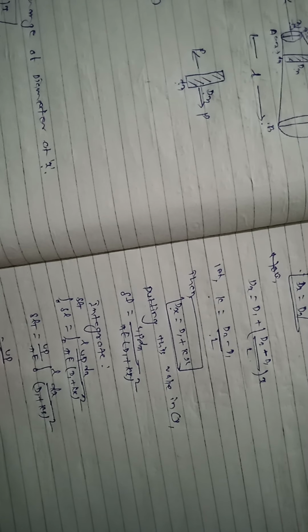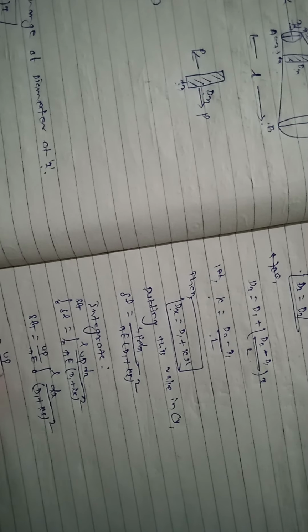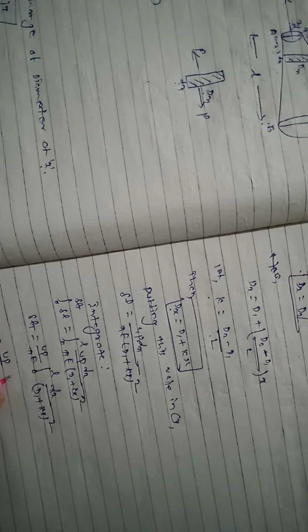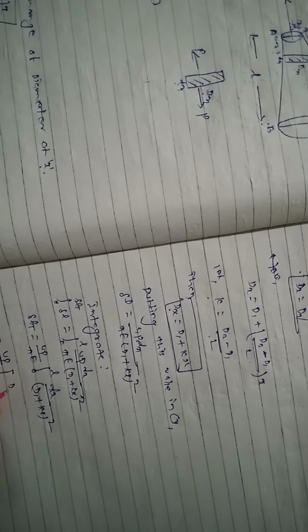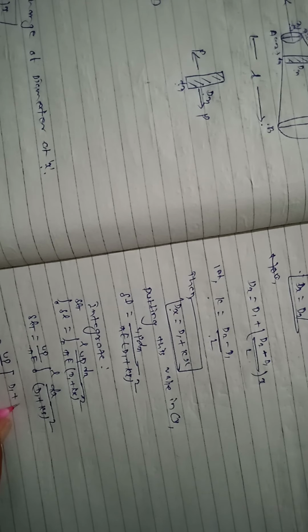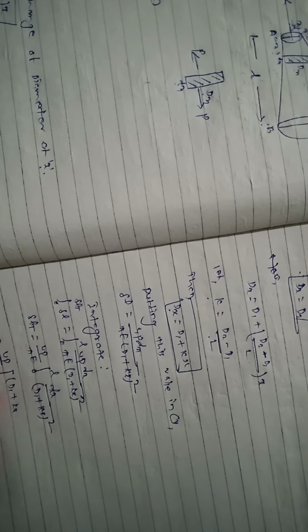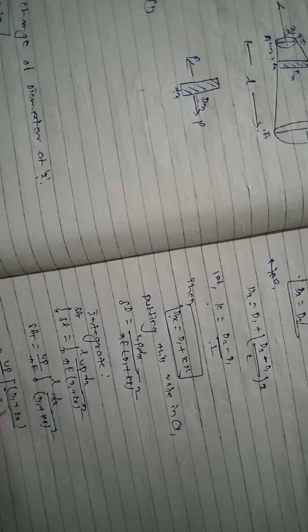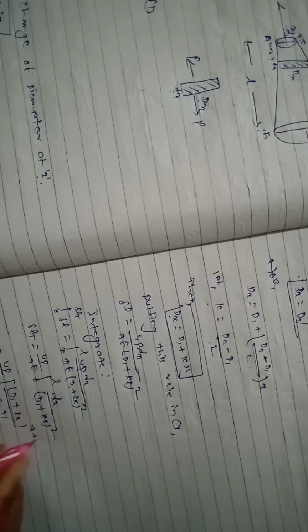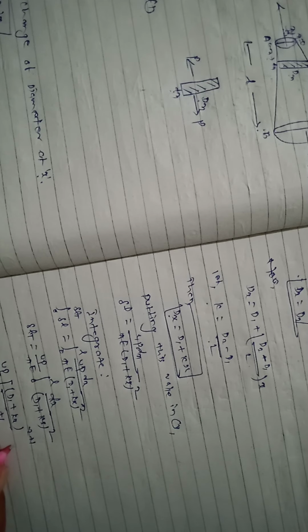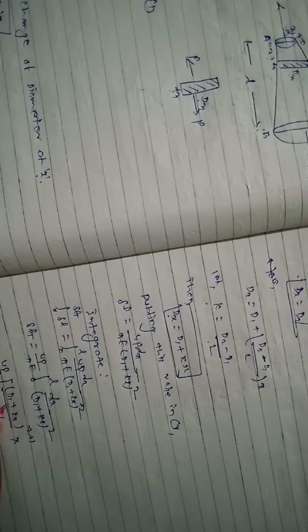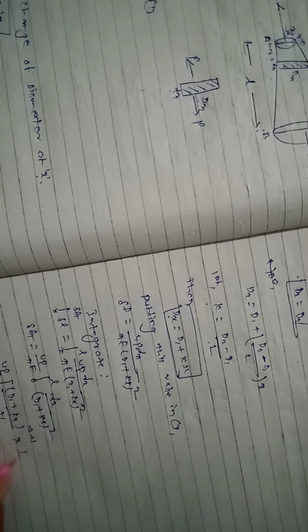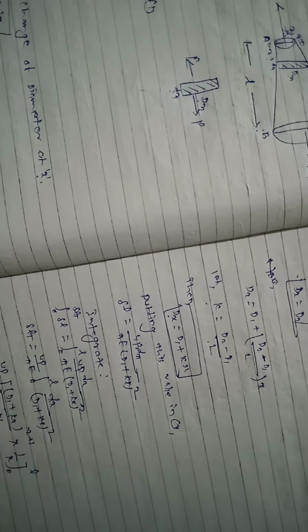After integrating we will get d1 plus kx upon minus 2 plus 1, and this differentiation will be by x, from 0 to L.